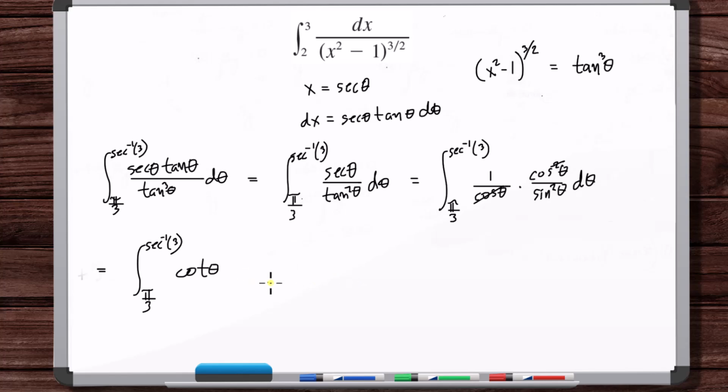And then 1 over sine theta is cosecant theta. Now the derivative of cosecant theta is minus cotangent cosecant theta. So we've got minus cosecant theta, evaluated from pi over 3 to inverse secant 3.